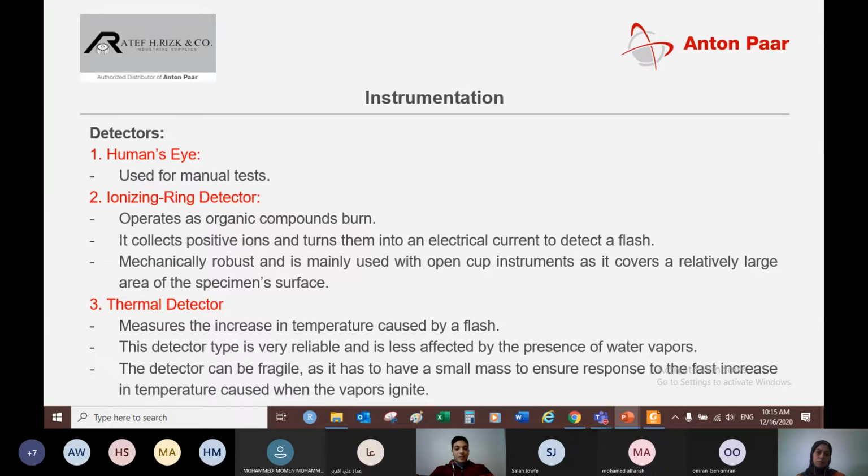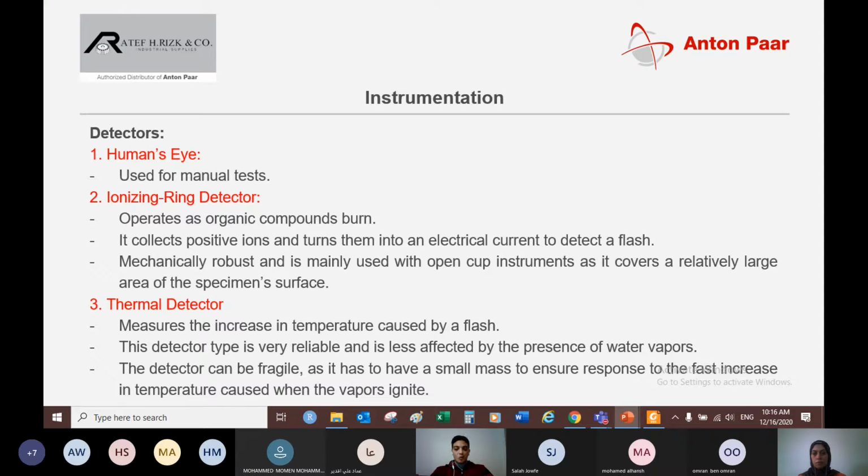The second detector is the ionizing ring detector, and it operates as organic compounds burn. However, this kind of detector is highly affected by water vapor, and this is why we cannot use it for closed cup measurements, because water vapor comes and affects the detector.